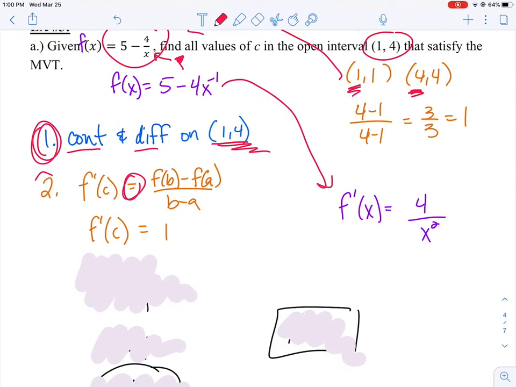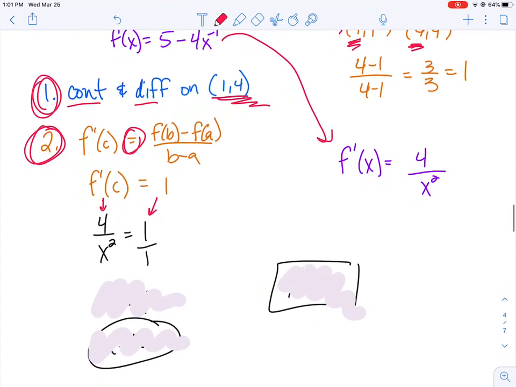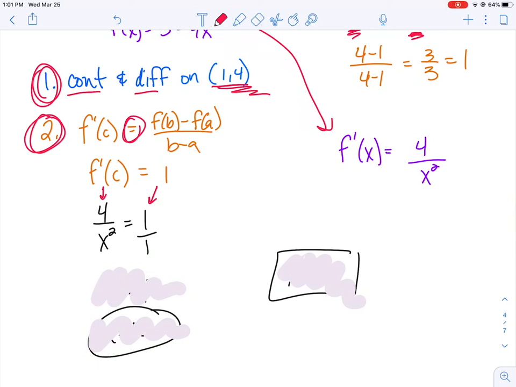So mean value theorem states that if your function is continuous and differentiable on the interval, which it is, then the instantaneous rate of change, your derivative, should be the same as your average rate of change, your slope between your 2 endpoints. So I should be able to set up an equation that says my derivative, my 4 over x squared, should be equal to my average rate of change, my slope between my 2 endpoints, of 1.